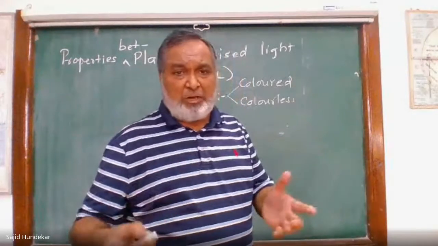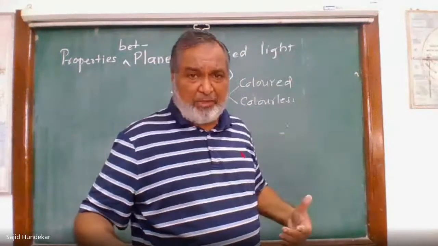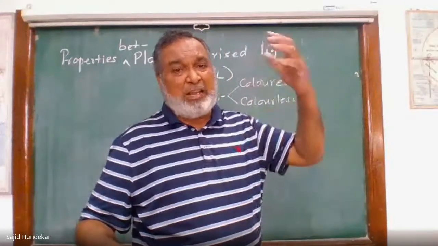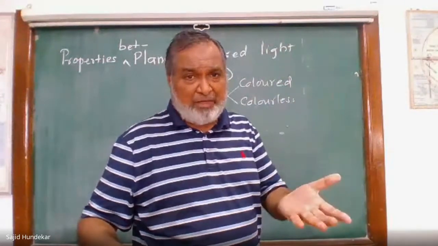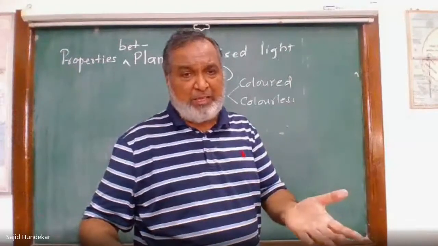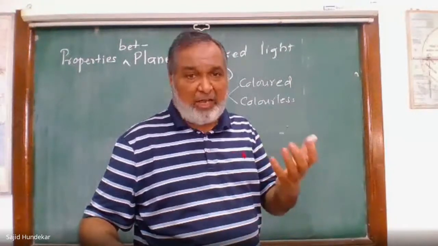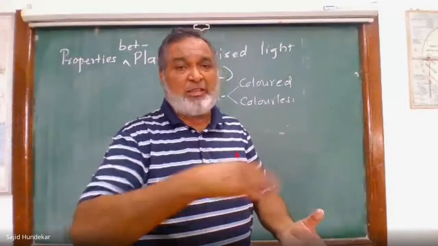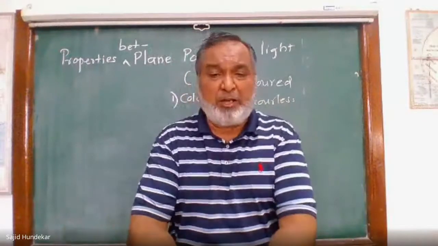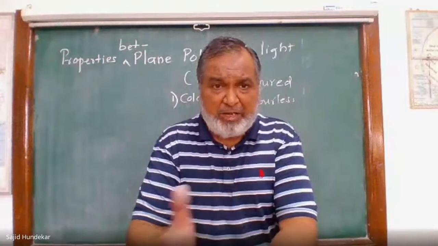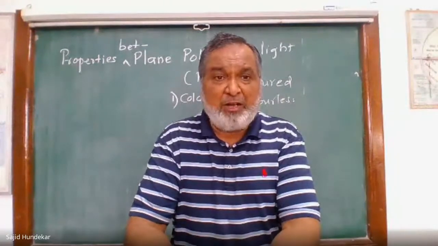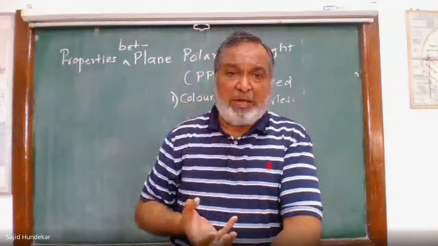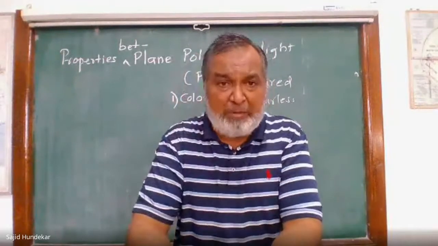Whatever light is incident on that particular mirror will be reflected back, and once the light is incident on the slide, there will be two phenomena: reflection and absorption. Whatever light is absorbed and whatever light is reflected, depending upon which rays are reflected, that mineral will appear as that color. For example, black color: all light will be absorbed, none of the rays will be reflected back.